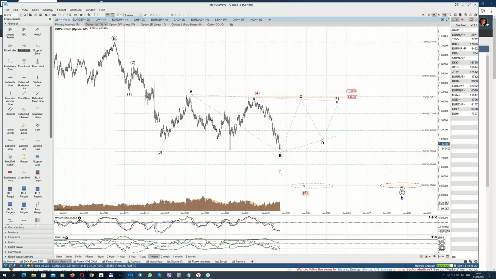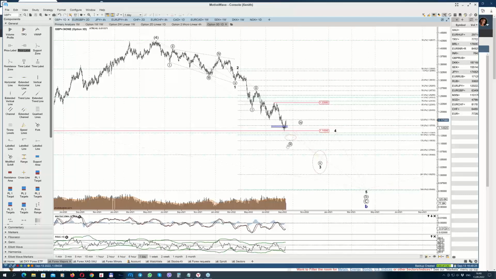It is marked red and presented in detail on the option 3D chart. It supposes that below 122.93 we still could extend directly to the downside and reach 0.9548 after a series of waves 3, 4, 3, 4.